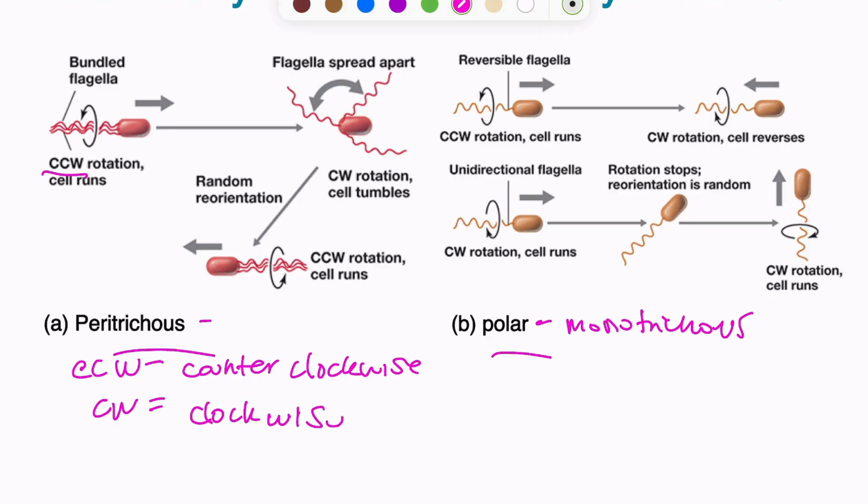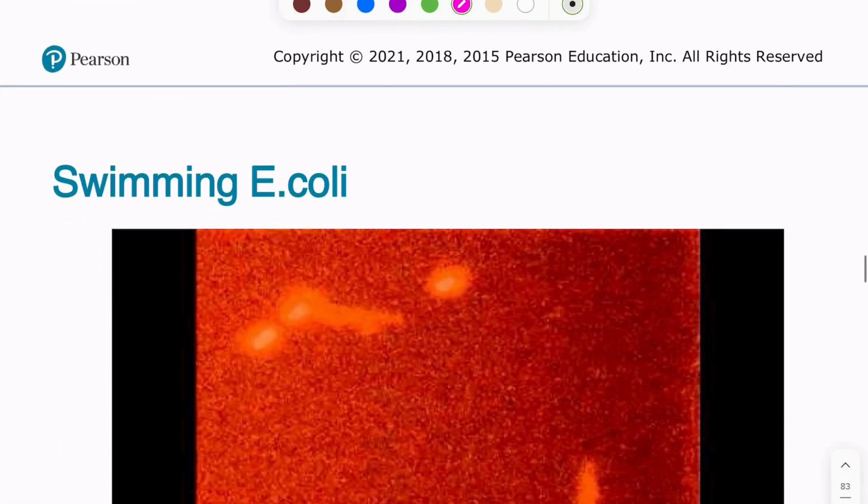So essentially, clockwise is to the right, and then counterclockwise is to the left. Okay, so you can see them turning. So that's going to be the flagella actually rotating.